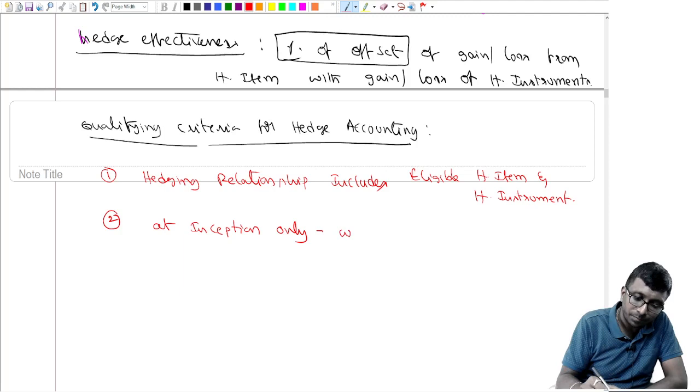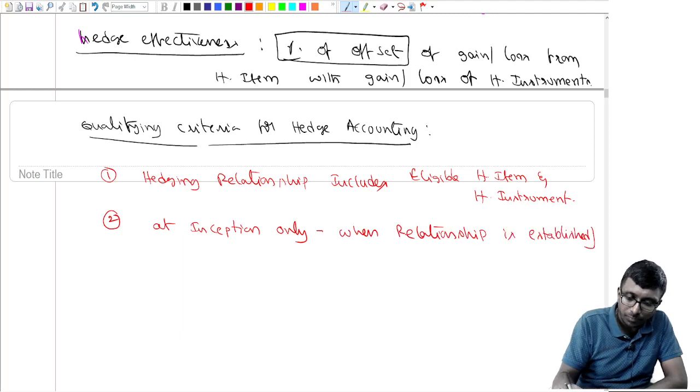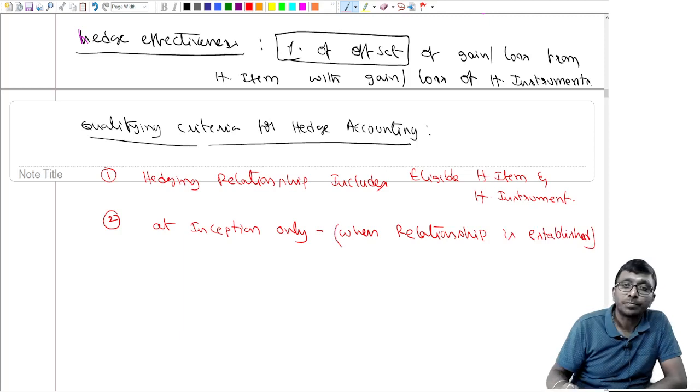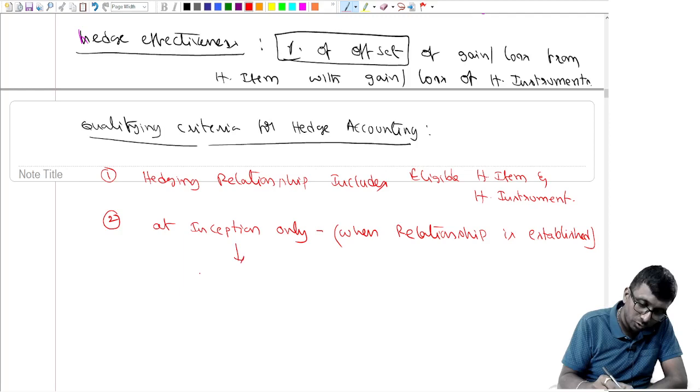When the relationship is established. Then what are you supposed to do? You have to have formal documentation.